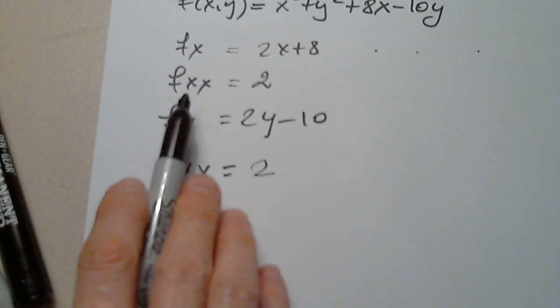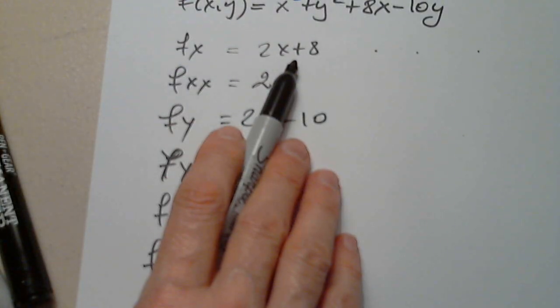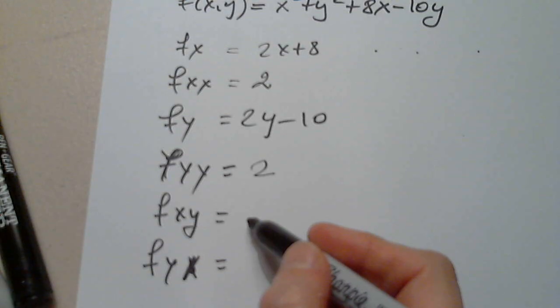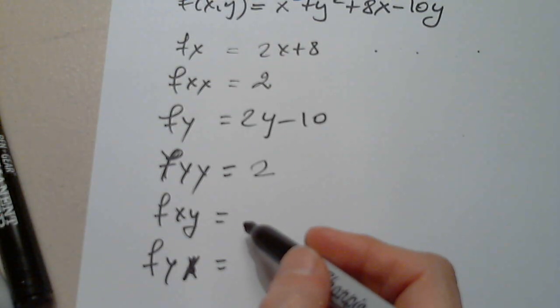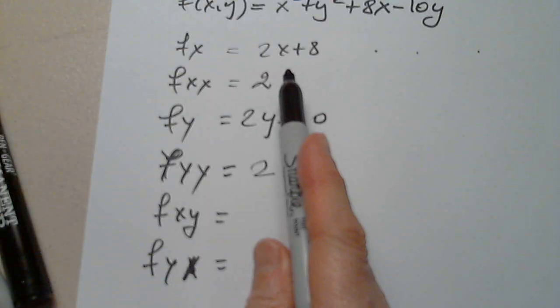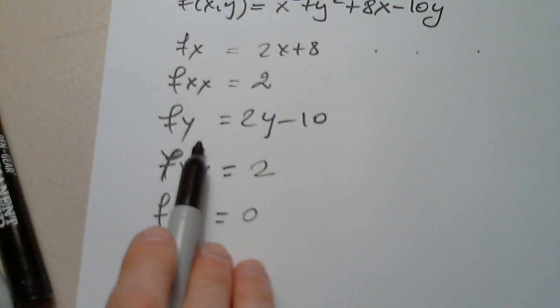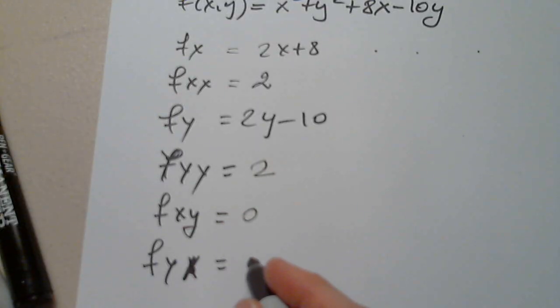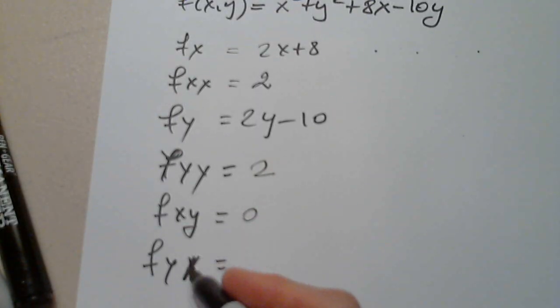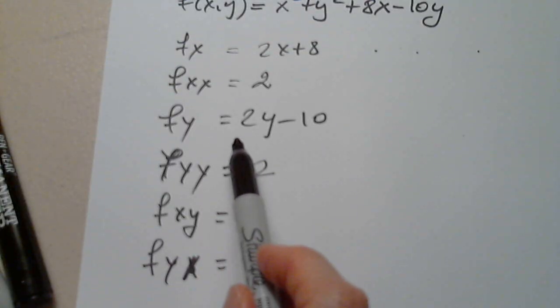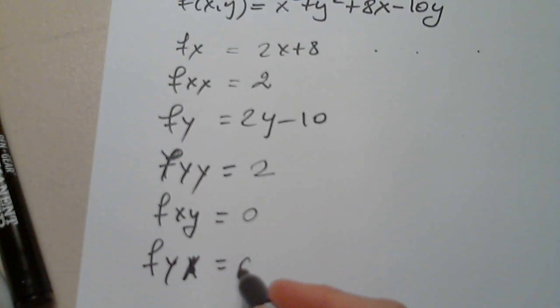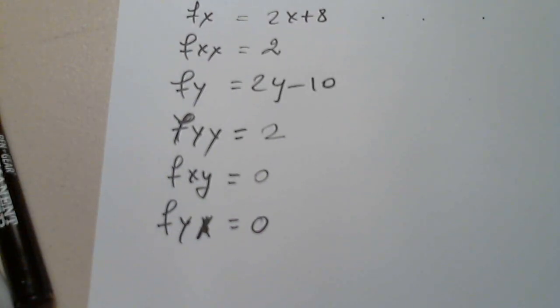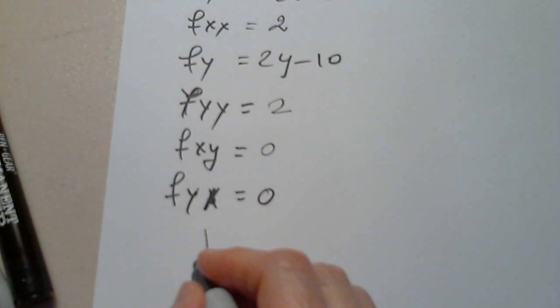Good. Fxy, fx with respect to y: zero. Exactly. Fyx, with respect to x: they have to be the same. Otherwise, we have an error somewhere. Fyx: zero. Perfect.